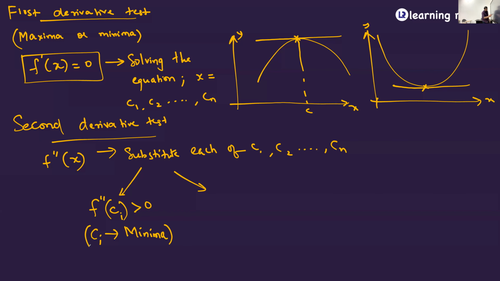Whereas if f double dash of Ci comes out to be less than 0, then Ci is said to be a point of maximum. Are you able to understand? There is a reason for this. I'm not showing you the derivation for this. This reason is proved using the first principle of derivative. You can make a note of this.